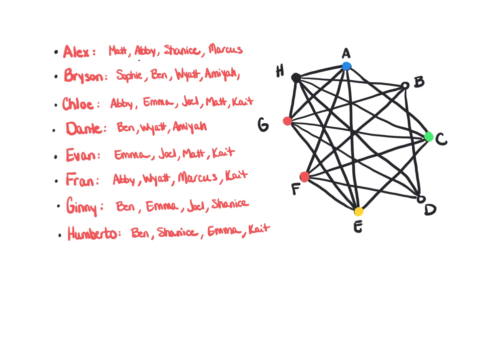Going over to vertex B, I notice that it is connected to a black and some reds, but it is not connected to my vertex that is blue. It's also not connected to a vertex that is green or yellow. And so again, I can pick any of those colors, quite honestly, but I'm going to go ahead and pick blue.